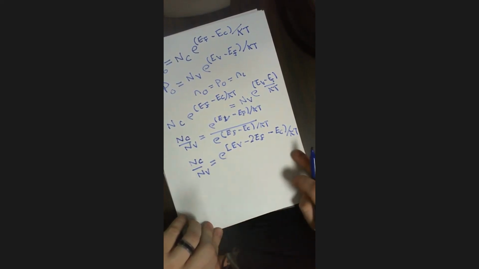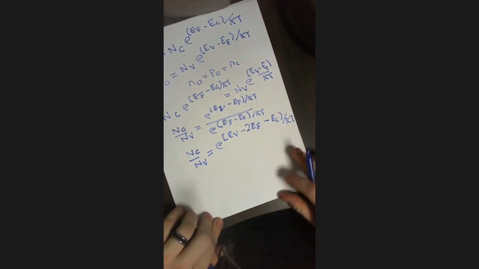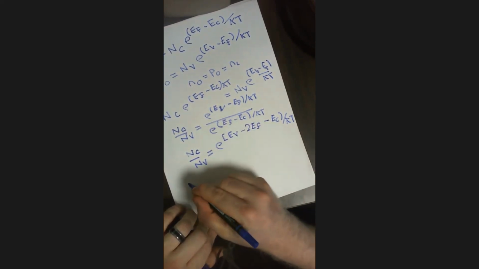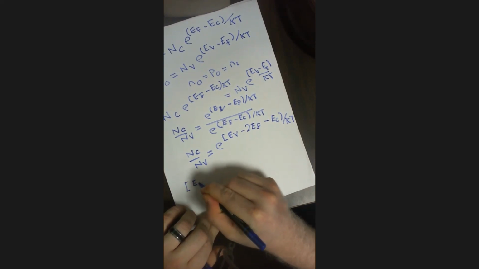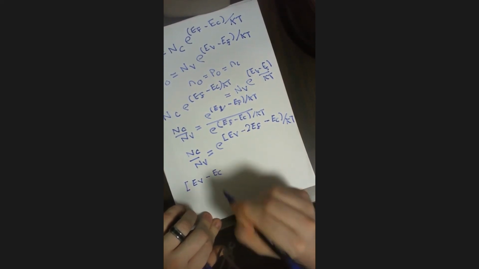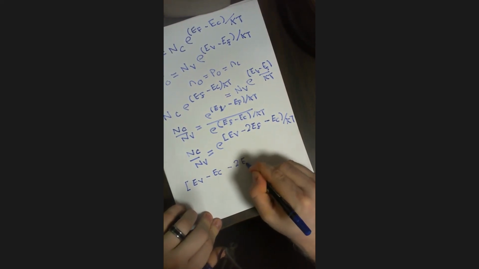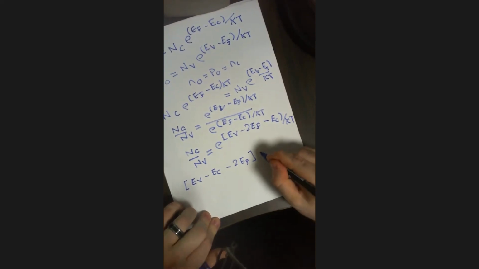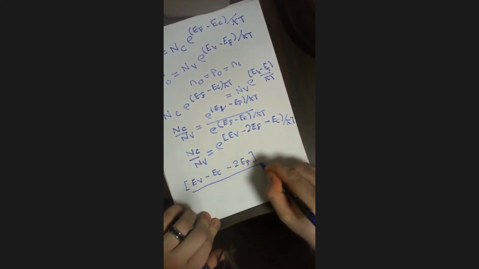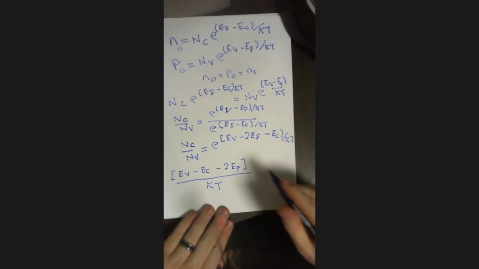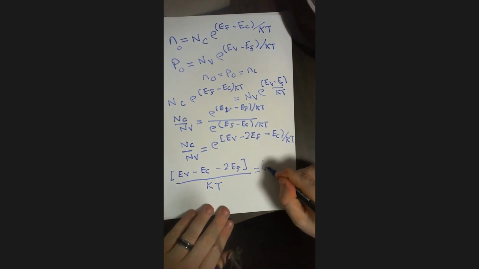In order to get rid of the exponential term, you can simply apply the natural log function on both sides. So you have EV minus EC minus 2EF, over KT of course, equals ln of NC over NV.